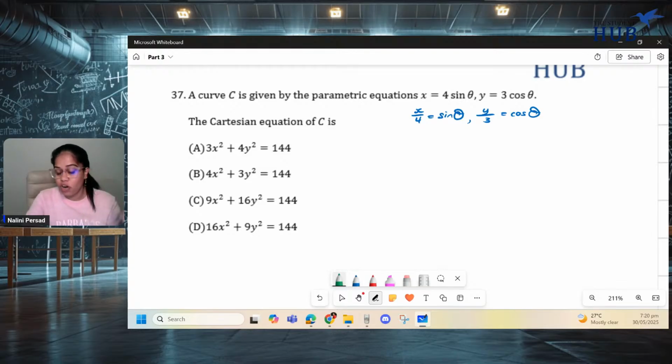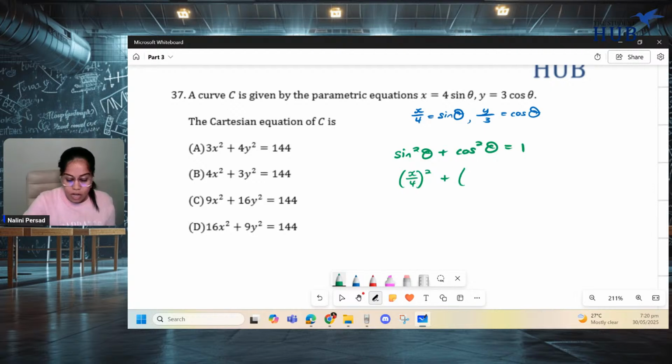And I'm going to recall my very popular trig identity. Sine squared plus cos squared is equal to 1. So substituting, it is x over 4, all squared, right, put your brackets, y over 3, all squared. So when I square it, I'll get x squared over 16 plus y squared over 9 is equal to 1.